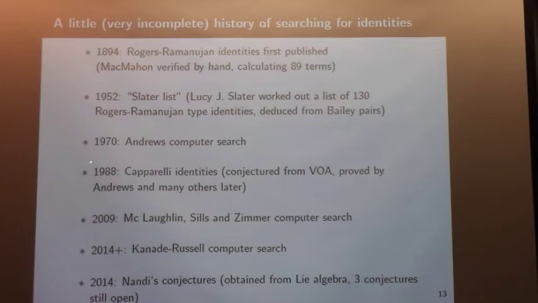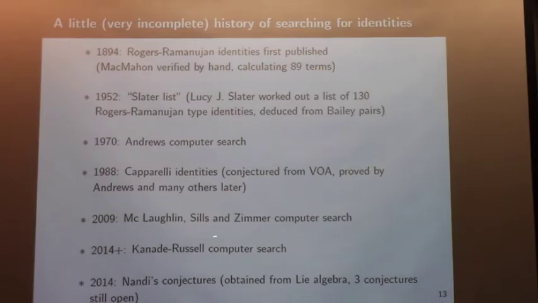So in 1970, George Andrews conducted a computer search. In 1988, Kanade conjectured some identities from VOA, which stands for vertex operator algebra, and which were proved by Andrews and many others later. In the year 2009, these people conducted another computer search.